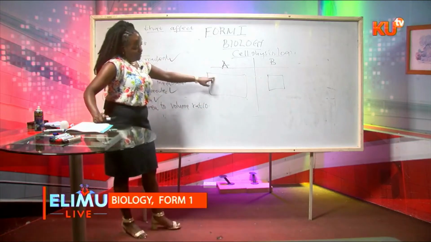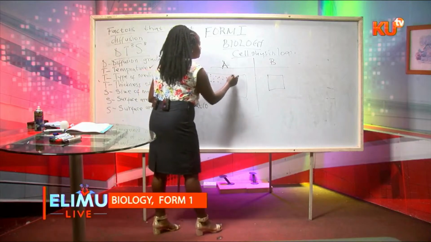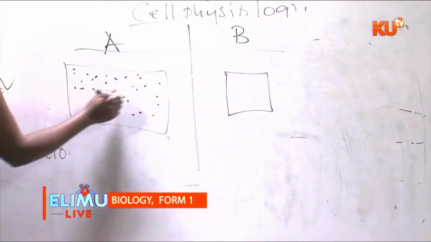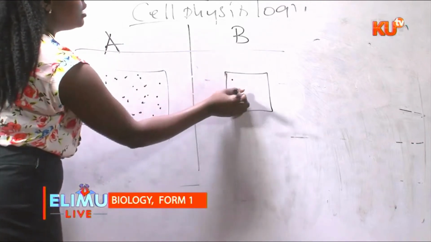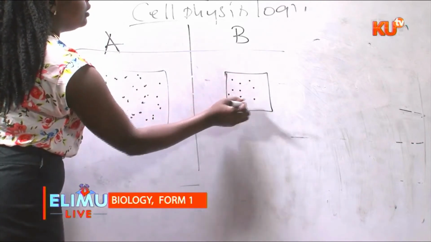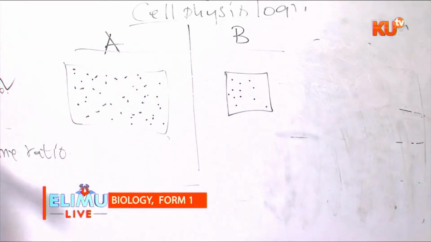So this is big, meaning that more molecules will diffuse, but surface B is small, meaning only a few molecules or particles can move to their region of low concentration.